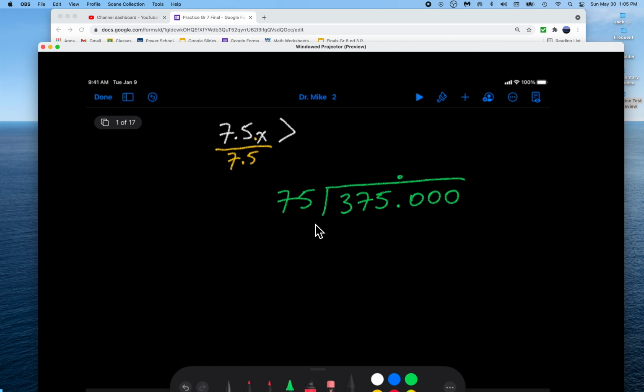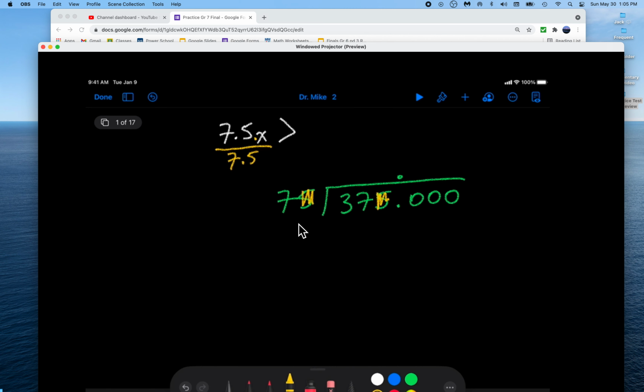So this is how I approach this. I say to myself, I'm going to ignore for a moment this number and this number. And I'm going to ask myself, how many times does 7 go into 37? And the answer would be 5. So that is the first number that I would try.